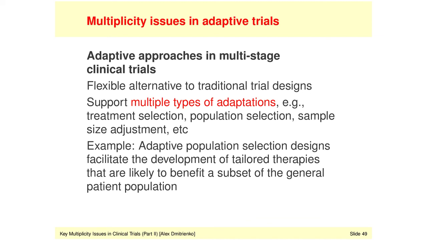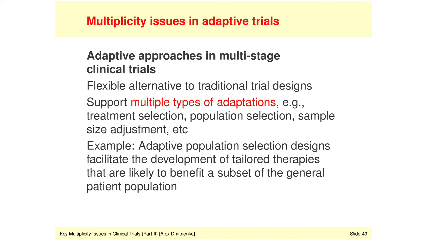Adaptive designs support multiple types of adaptations. This includes, as we have discussed, treatment selection, population selection, a decision to adjust the sample size or the target number of events. In this module, we focused on example 5 that employed an adaptive population selection design, which helps facilitate the development of tailored therapies that are likely to benefit a subset of the general patient population.